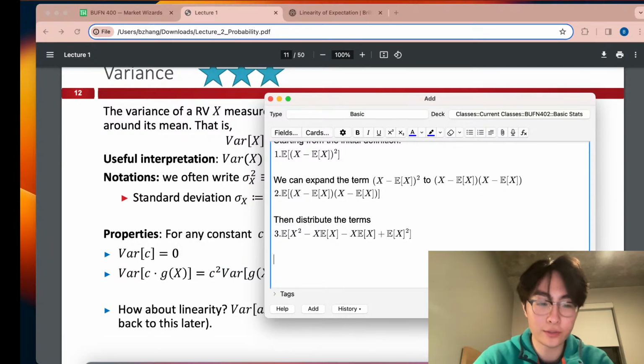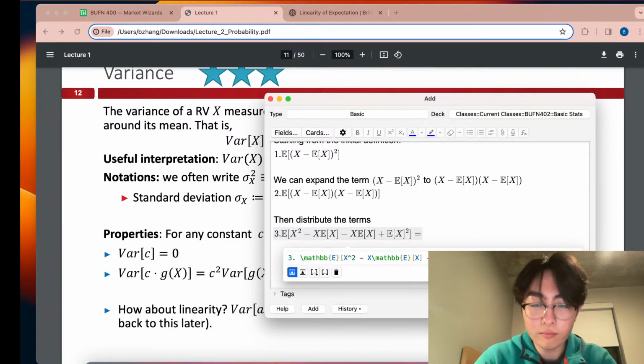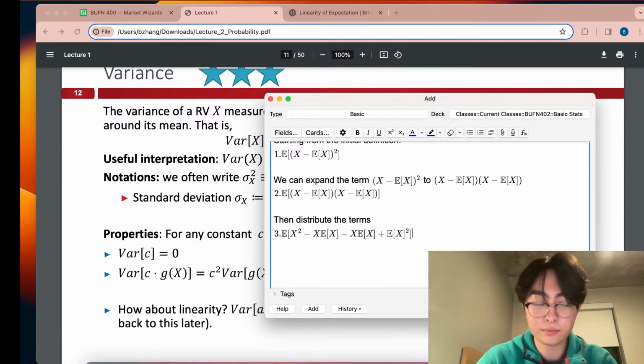Okay, I'm not too sure if this is going anywhere, but let's see. So then we distribute the terms. Simplify.